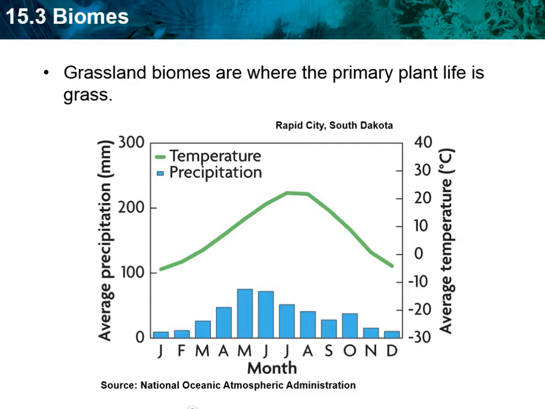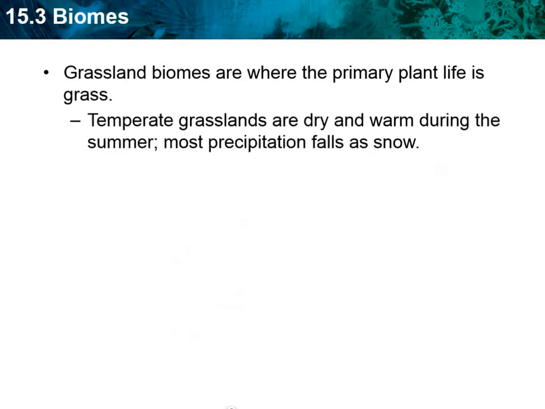You can see that you have periods of fairly low precipitation, and then in April, May, June, July you have a decent amount of precipitation, and then also during those months you see the temperature really increase in that area. So that is grasslands.